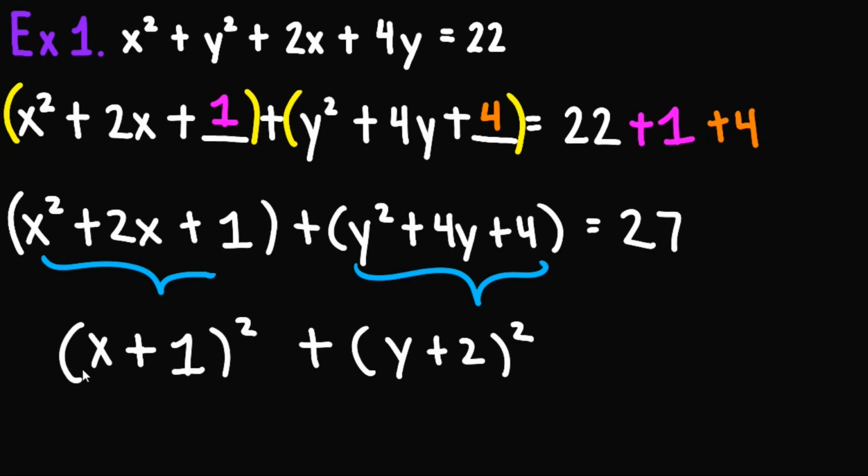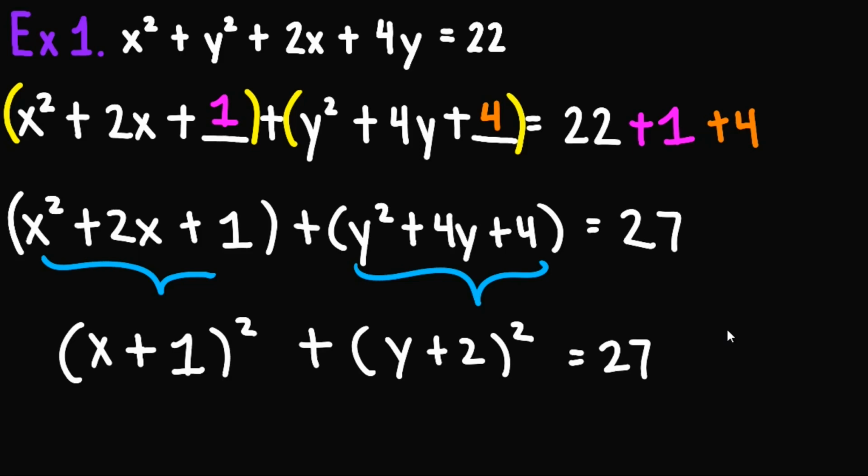So essentially, to get this, we just get the square root of the first and the last term, and then copy the sign out here. So doing the same for this second. And this is equal to 27. Now this out here is already our center radius form. So we had already obtained the correct answer.